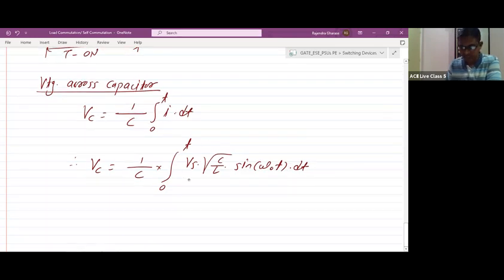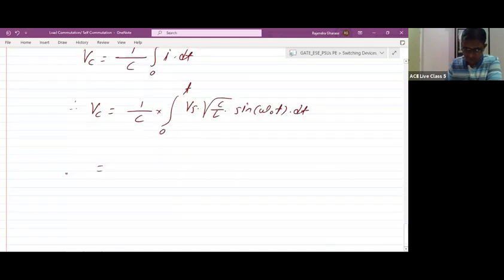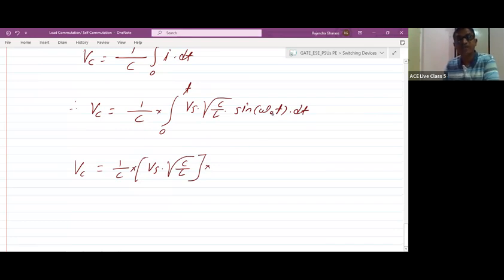We can take this outside because it is a constant, Vs under root C by L. So VC is equal to Vs under root C by L divided by C, that is 1 by C into Vs into under root C by L, times the integration of sine of omega 0 t, which is minus cos of omega 0 t divided by omega 0, because the integration is with respect to time and we have omega 0 t.